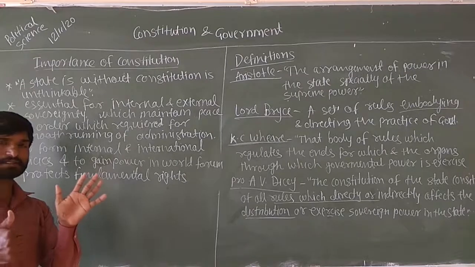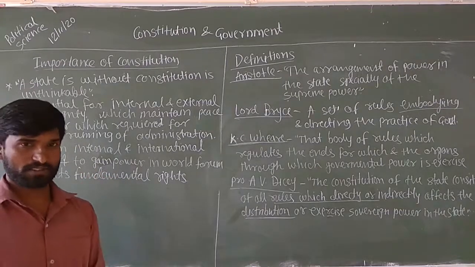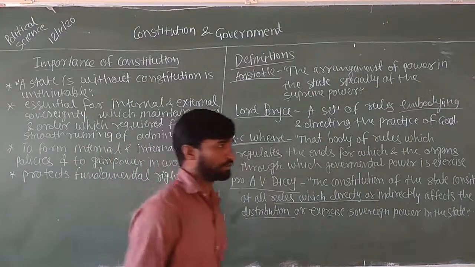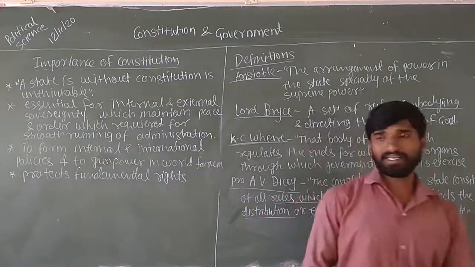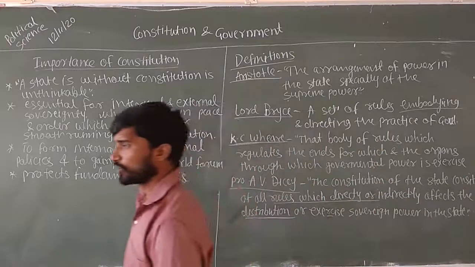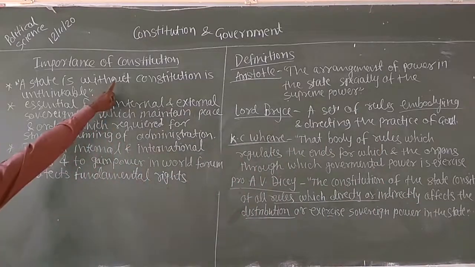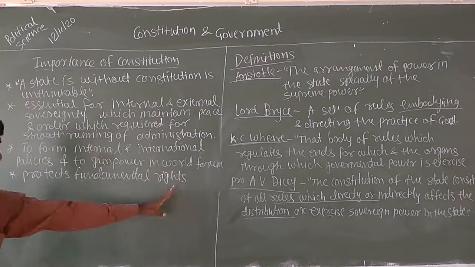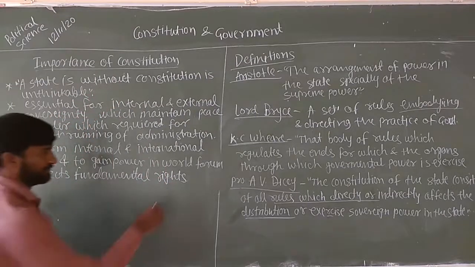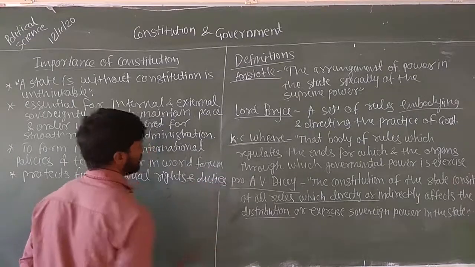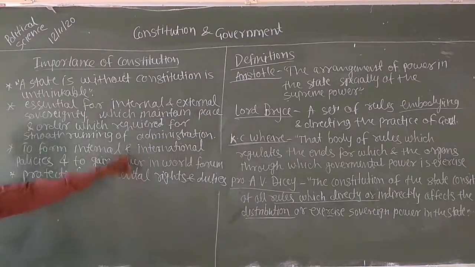There are six fundamental rights, different kinds of rights, which we will also study in the next part. Those fundamental rights are going to be protected only because of the Constitution. Not only rights, even duties also. So human rights and duties are protected by the Constitution, so it's important.